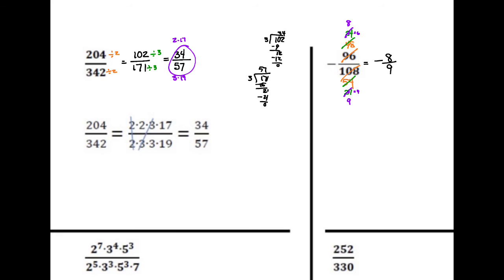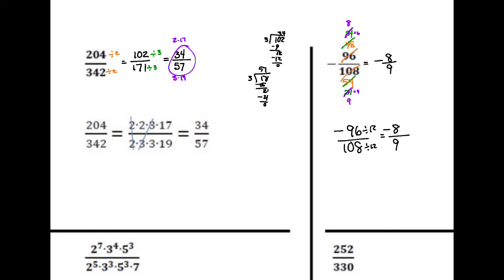So for example, like I said, if you know your 12s, let's divide by 12 here and here, and you get 8/9. You're done in one step. So your times tables are definitely a benefit, but you can do it without.